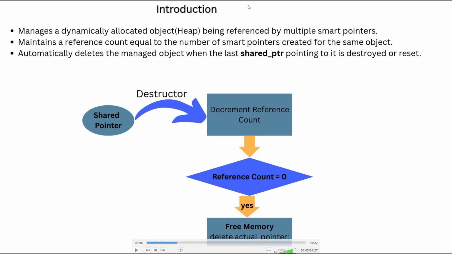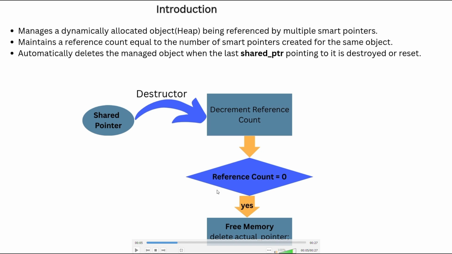And it maintains a reference count, how many copies of shared pointer were created, or how many shared owners currently exist. So whenever a shared pointer copy is destructed, or when it goes out of scope, the shared pointer's destructor will be called. It will decrement the reference count.